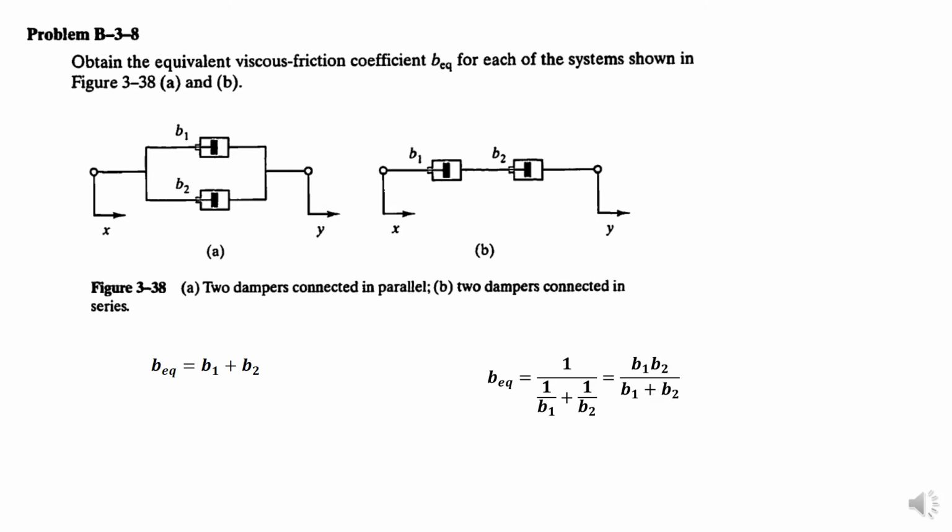So it is not always this kind of rule. Sometimes it will change. Okay, so for the damper terms and spring terms, you just follow this rule. For parallel items you do the summation. For serial you use the inverse of 1 over B1 plus 1 over B2.